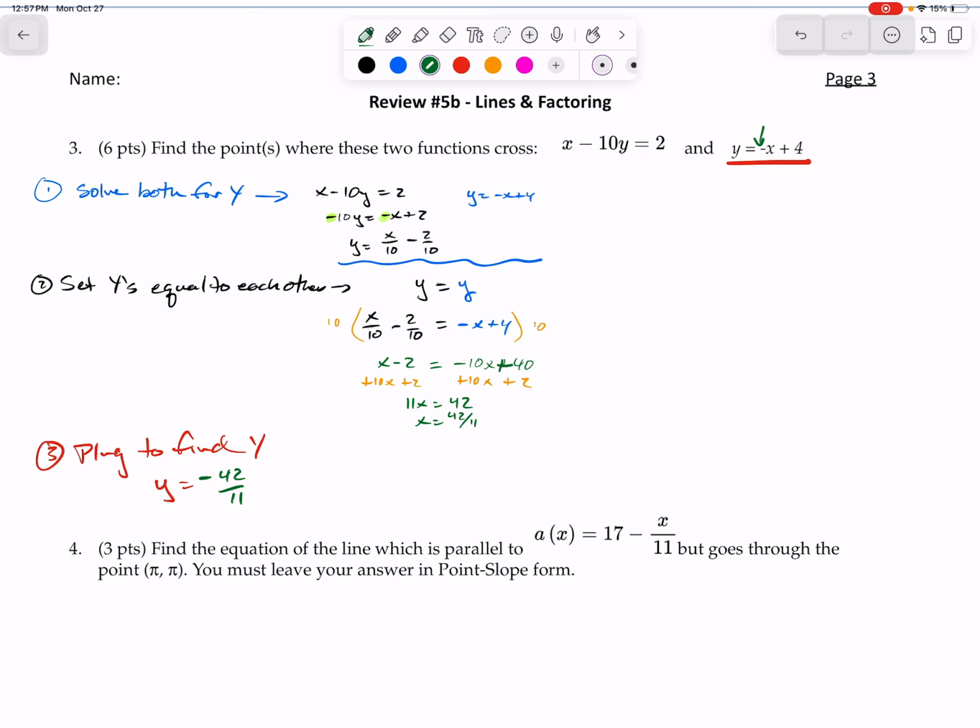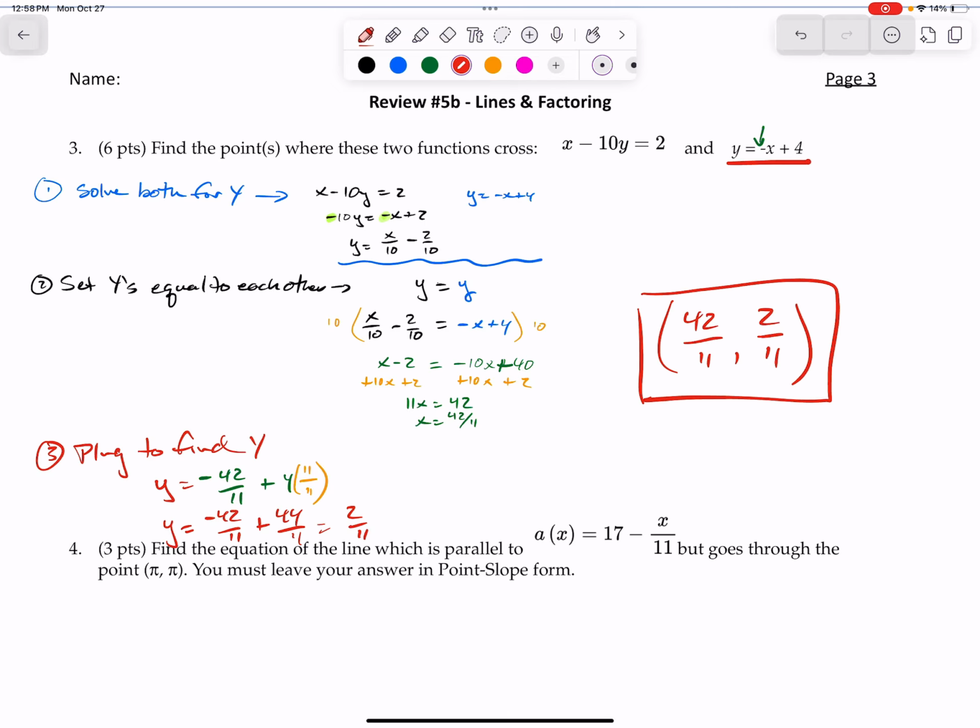Don't forget the negative sign there. Plus 4, I'm going to take 4 and multiply it by 11 over 11. And I will get y equals negative 42 over 11 plus 44 over 11 equals 2 over 11. So my point is 42 over 11, comma 2 over 11. Boom. And on we go.